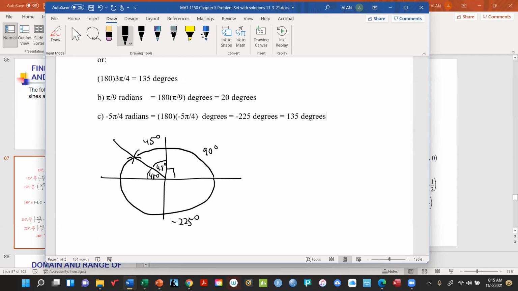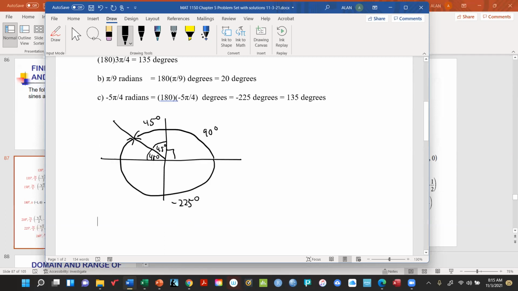Now, if you forget how this works, there's a simple rule of thumb here. And by the way, you might recall in the chapter, we refer to these as coterminal angles. These are coterminal angles because it's the same terminal point. In other words, they bring us to the same location.